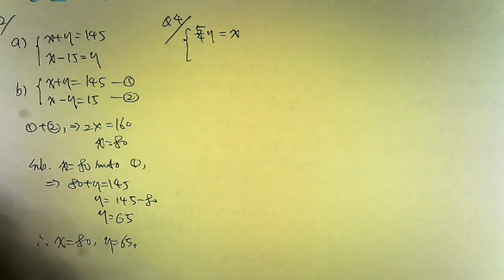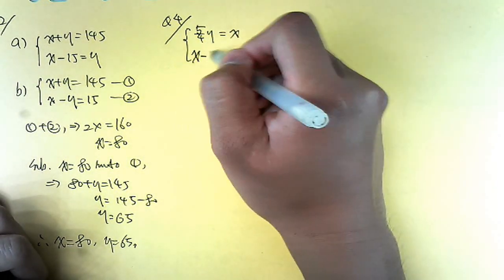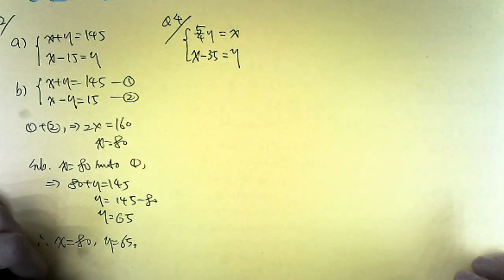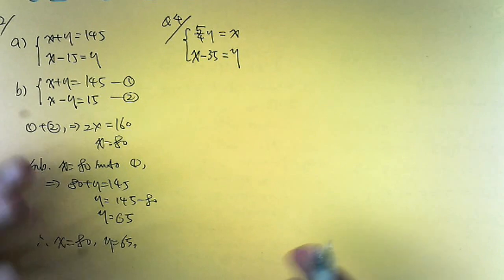Understand? And then the next, Jessica is 35 cm taller than Winnie, meaning you can use Jessica's height X minus 35 will be equal to Y, or you do Y plus 35 equals X. Up to you. So next you have to simplify.